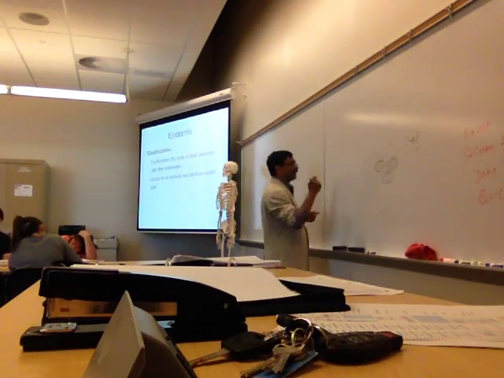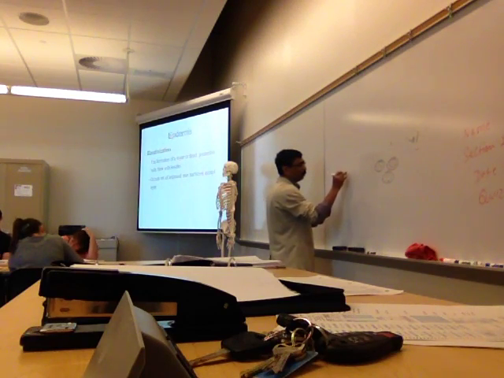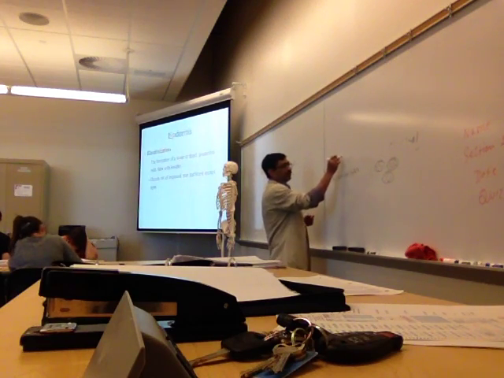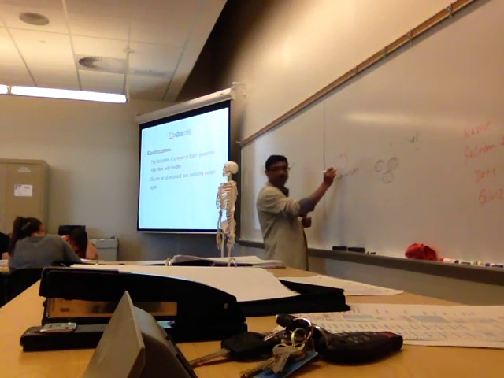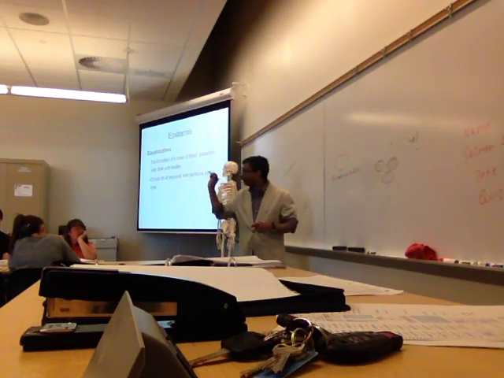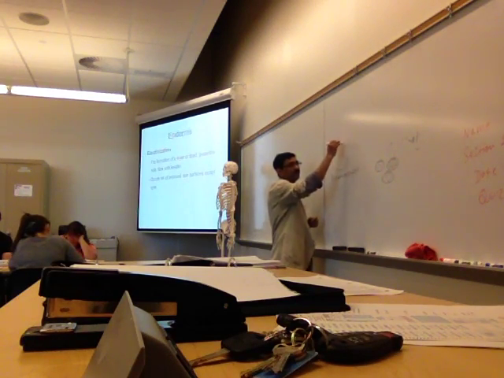You already know that. Keratinocytes. So keratinocytes produce keratin. If this is a keratinocyte, this cell produces keratin, that protein, and secretes keratin to the outside of the cell.